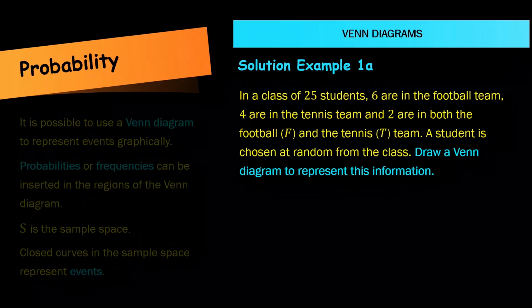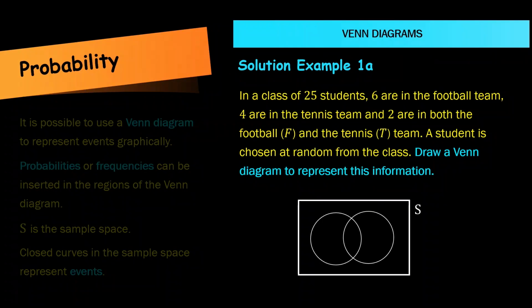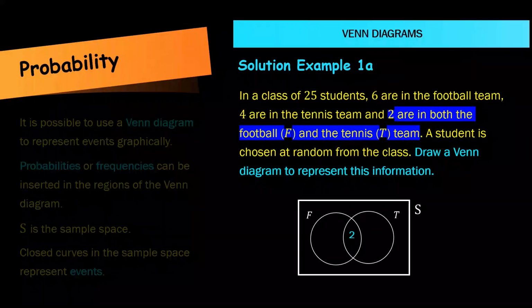So let's solve this. Here's our sample space S, the class of students. F represents the football team, T represents the tennis team. 2 students are in both the football and the tennis team.